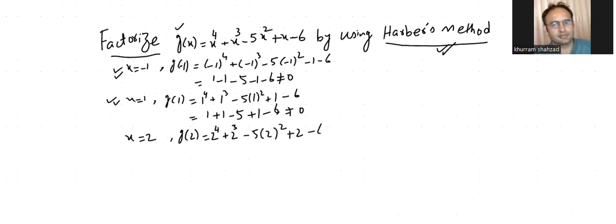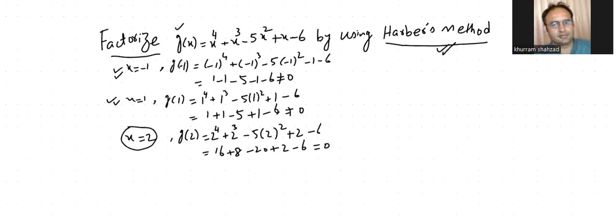So what is this now? This is 16 plus 8 minus 20 plus 2 minus 6. So this is equal to 26 minus 26. So now this is equal to 0. So it means that this is our required number with which we can initiate the Horner's process.